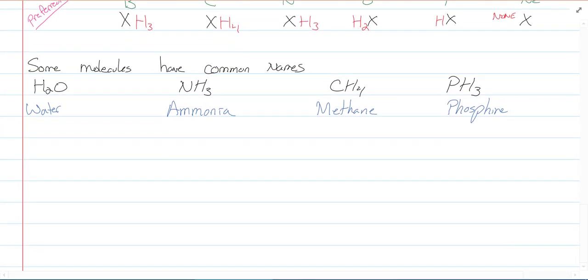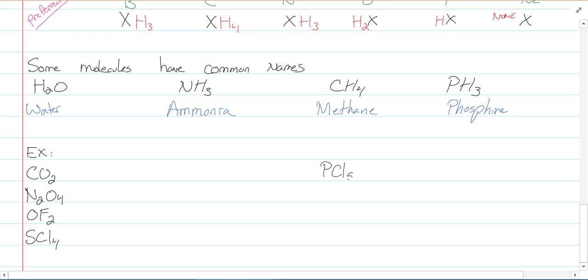So some quick examples. Start easy. CO2. Then we have N2O4. And then we have OF2, SCl4, PCl5, H2S, NI3.